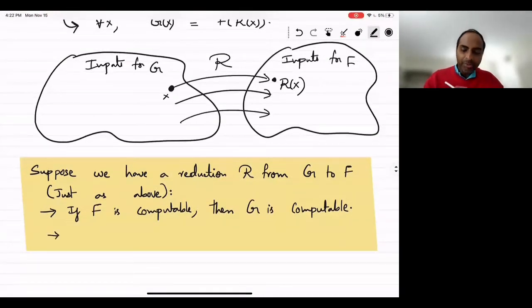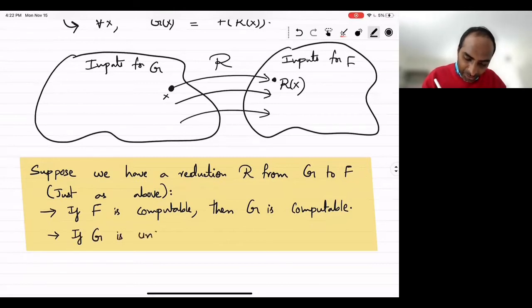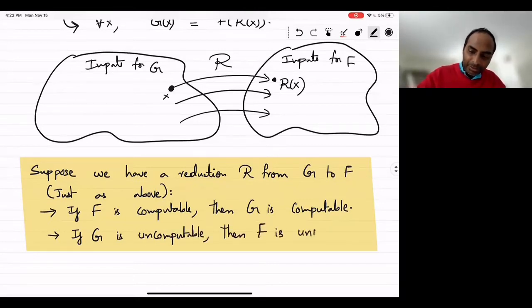Okay, and now the contrapositive of this, which is where we are going to use it most often, is that if G is uncomputable, then F is uncomputable. So the real power of the notion comes from this contrapositive.